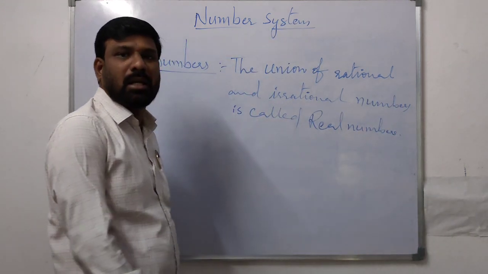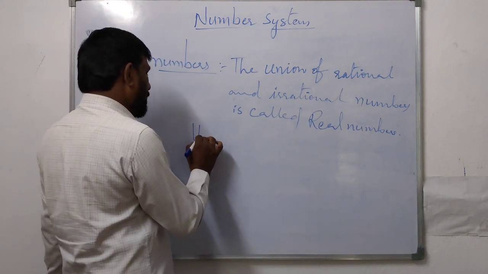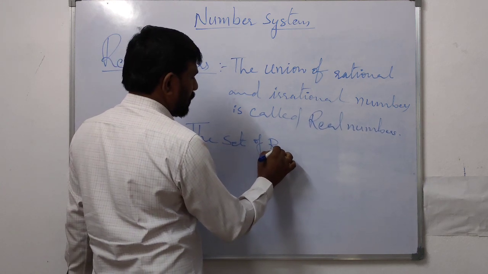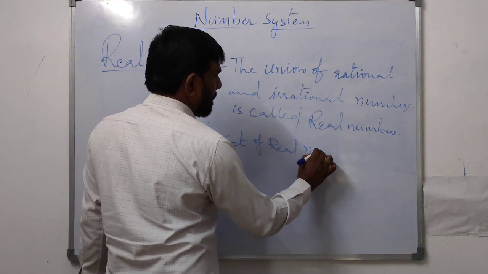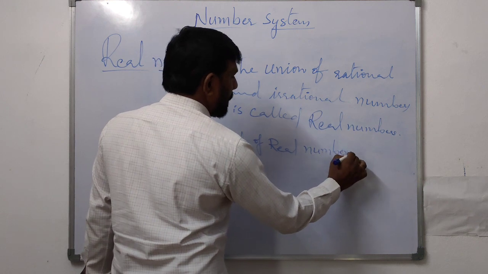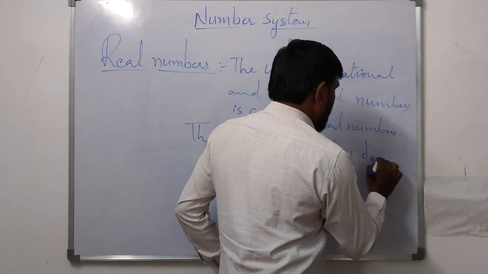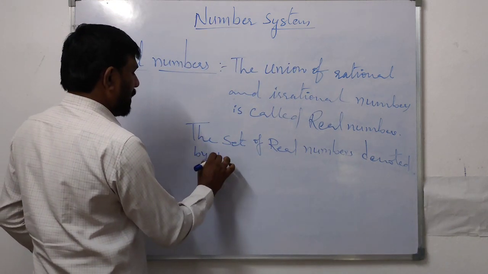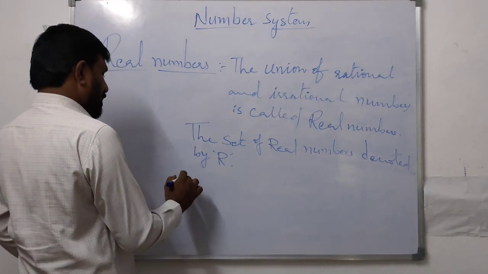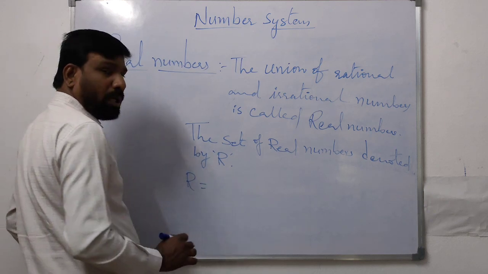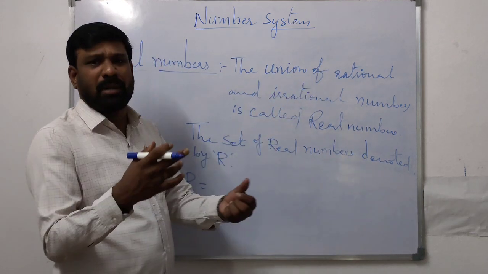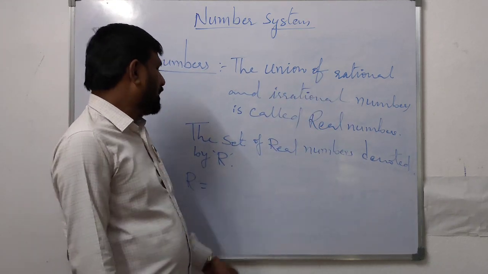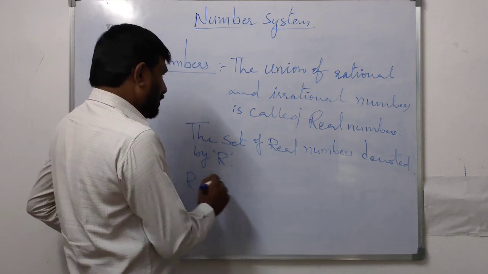The set of real numbers is denoted by capital R. Union means combination. The combination of rational numbers and irrational numbers is called real numbers.